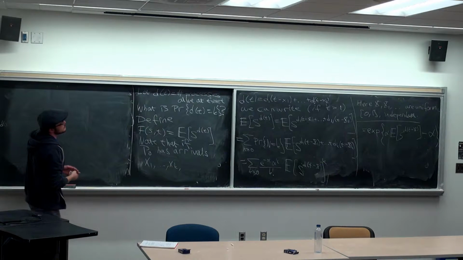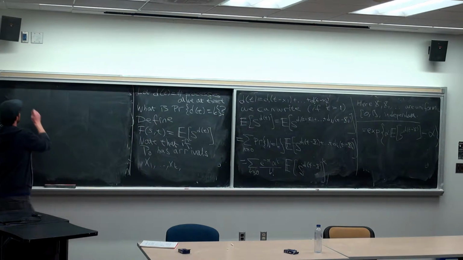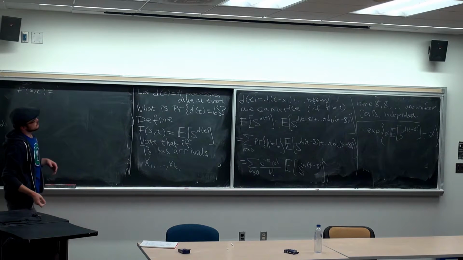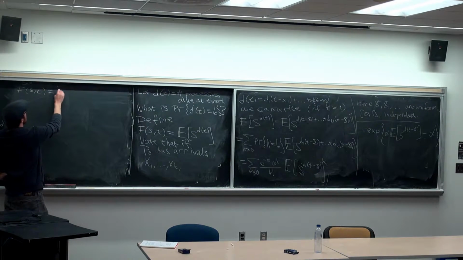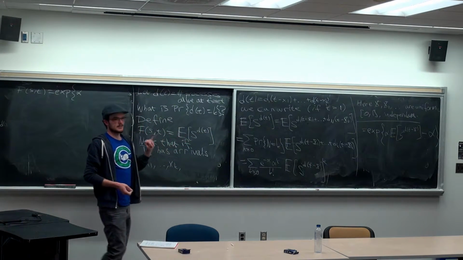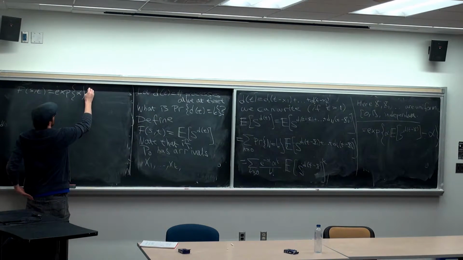So we've shown now that this expectation of s raised to g of t, that was f of st, so f of st is equal to the right-hand side, which is this expected value over x, which is a random variable, is just the integral from 0 to 1 of the expected value.